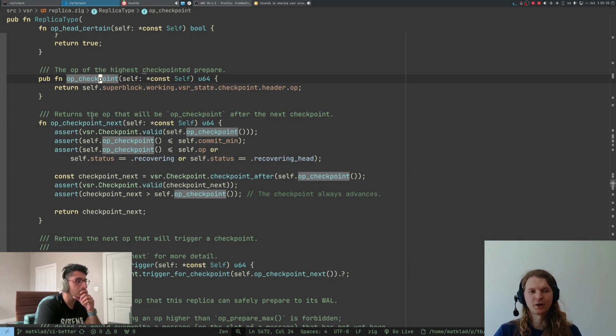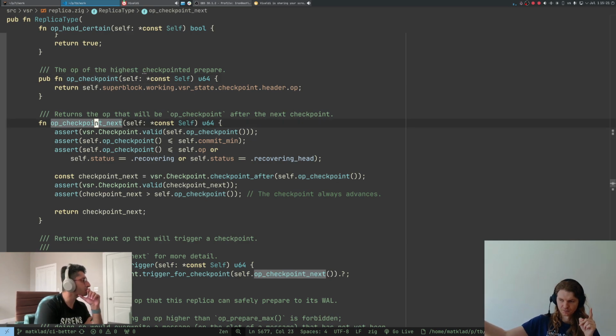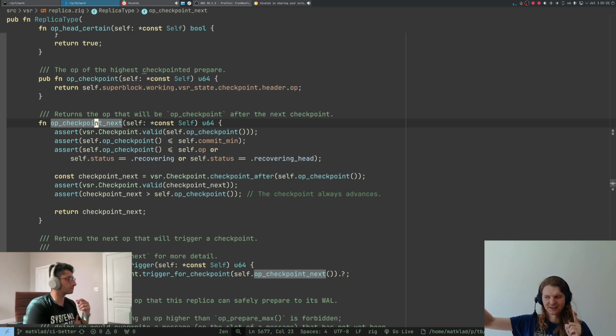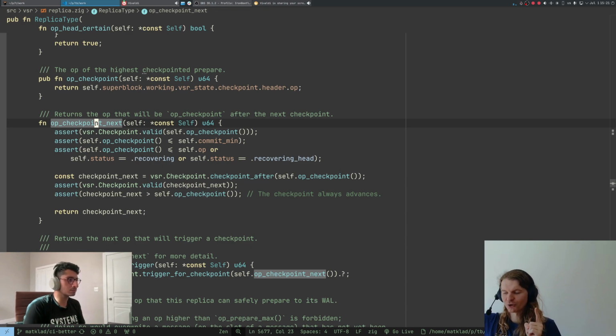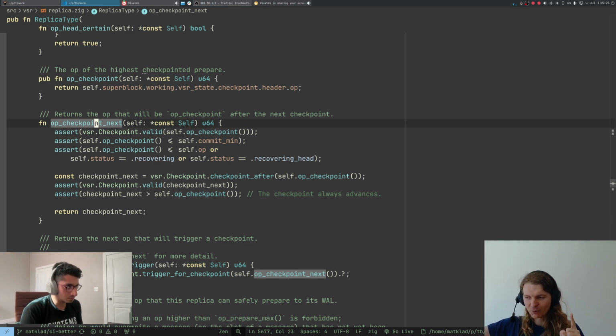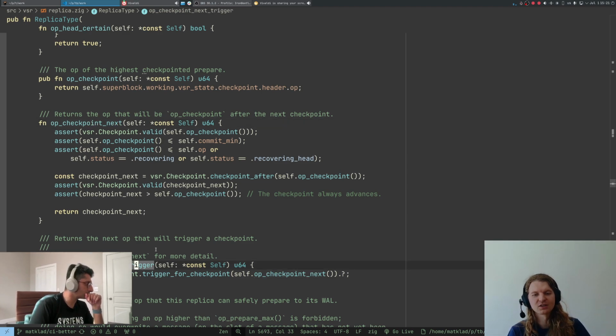Then op checkpoint next is the next checkpoint. This is when we checkpoint the next time, which is going to be a compaction interval ahead of checkpoint next, then the checkpoint which will end up on disk is this checkpoint next. And this op checkpoint next trigger is the trigger for the next checkpoint.